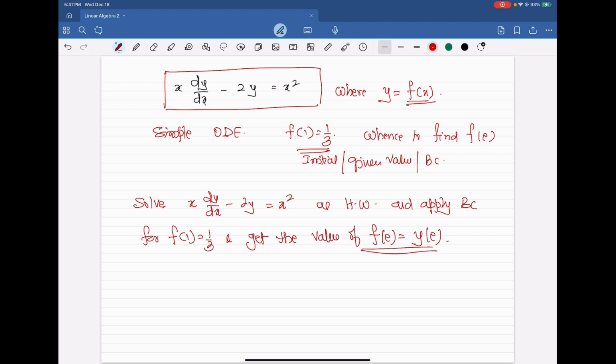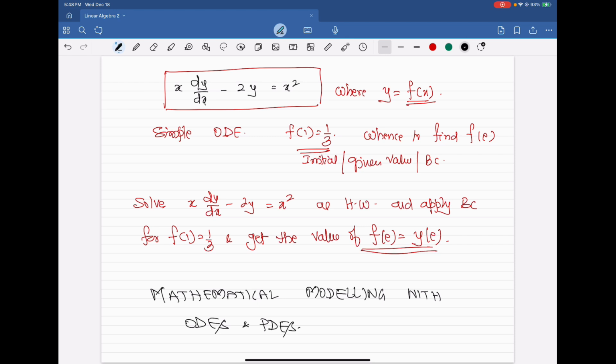In the next class, I will start with mathematical modeling, which is very, very important, with ODEs and PDEs: ordinary differential equations and partial differential equations.